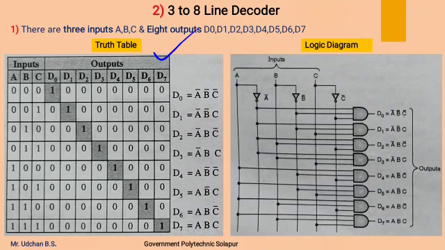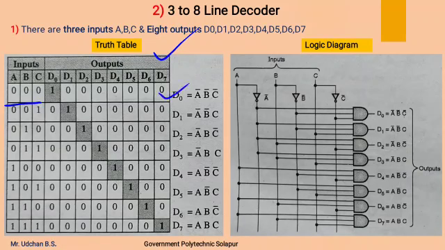As the inputs are 3, the possible combinations are 8, and for each input combination any one of the output lines is at logic high level, and all the remaining output lines are at logic low level. For example, if we consider the first input combination 0 0 0, for that only the D0 line will be high and all other output lines are at 0.